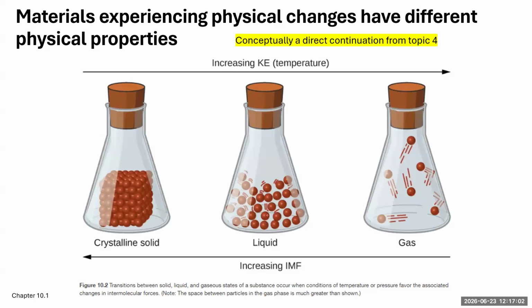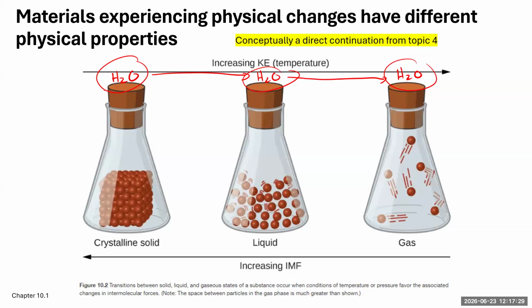Physical changes are something like taking solid water, which we know as ice, changing it to liquid water, and then gaseous water, which we know as steam, right? But they all are going to be just water. So we're just changing the physical states of these. We're not changing the chemical makeup.